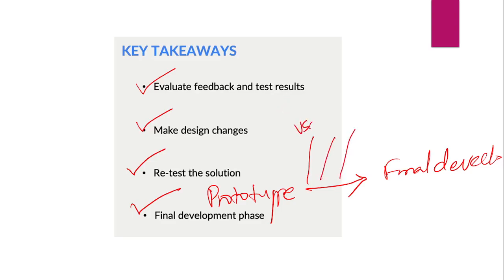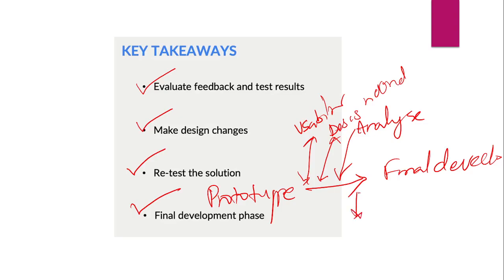One is usability test consideration, then design and conduct, and the third one is the analysis. These are the three stages we have crossed. After that, the final product is available, ready for transition from prototype to the final development process.